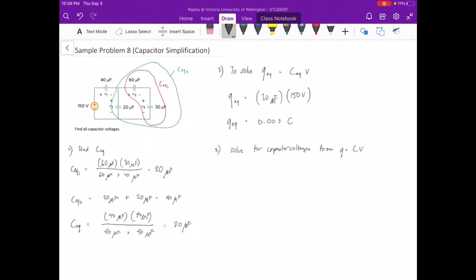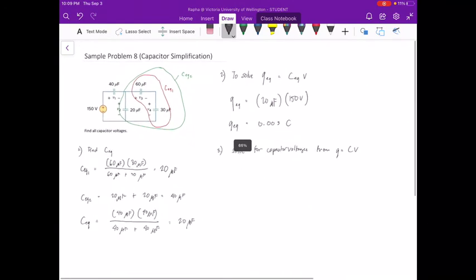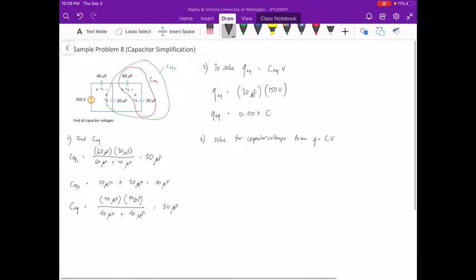Now, going back in this diagram, we can solve for V1 first, since it is the nearest. V1 is equal to Q over C, which is Q over C sub 1, the first capacitor.